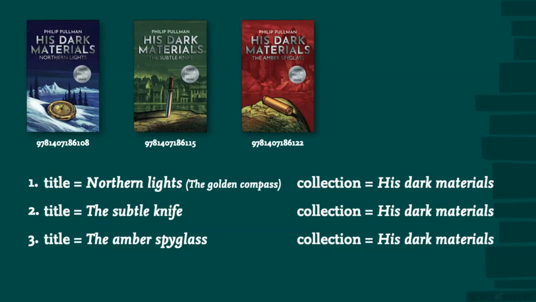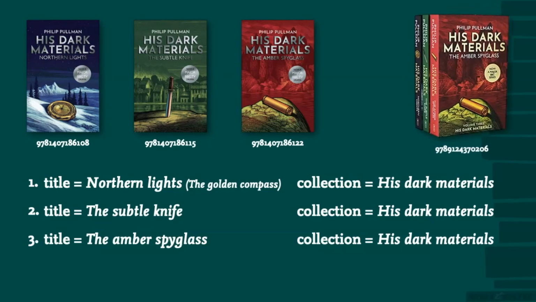But these three books were also available in a boxed set. For this collection of three books, you have 4 products and, of course, 4 Onyx records. As you can see, the individual title of the boxed set is His Dark Materials, which is the same as the collection title that's shared across all 3 books in the collection.